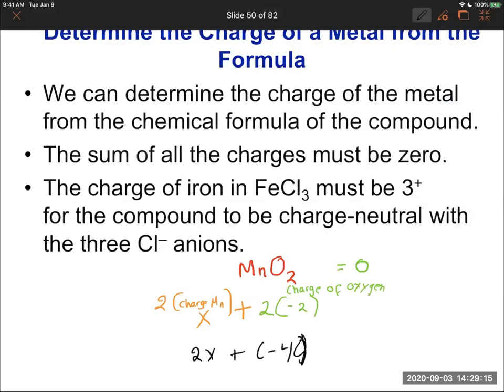Equals 0. So we're going to move the 4 to the other side. We have 2X equals 4. Divide both sides by 2. X equals 2. So in this case, the name will be manganese in parentheses 2, and then you're going to have oxide.